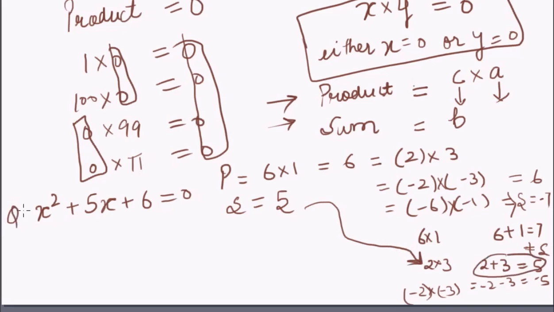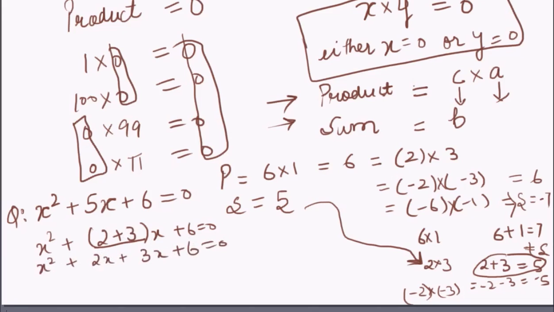Therefore, the given quadratic equation, say denoted by Q, will be expressed with this sum broken into these two terms, that is 5 is decomposed as 2 plus 3. Now open the brackets and we will get x square plus 2x plus 3x plus 6 equal to 0.